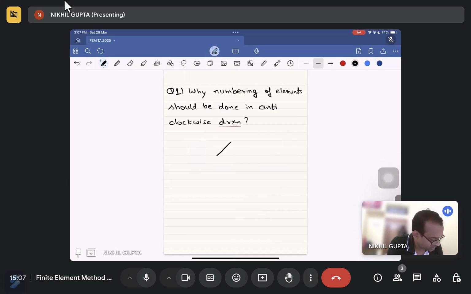If this is our triangular element, it's mandatory to number it 1, 2, 3 like this, not in the clockwise direction. So your coordinates will be x1 y1, x2 y2, and x3 y3.